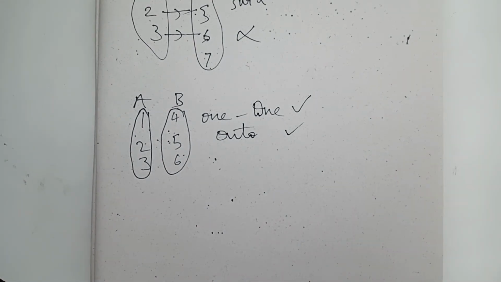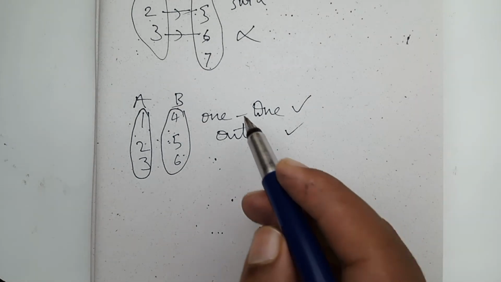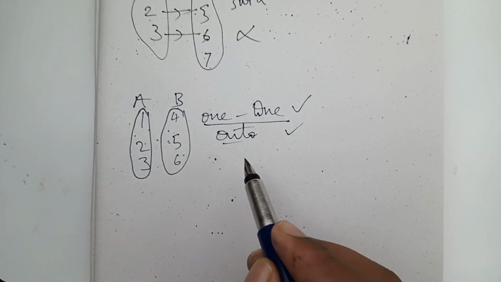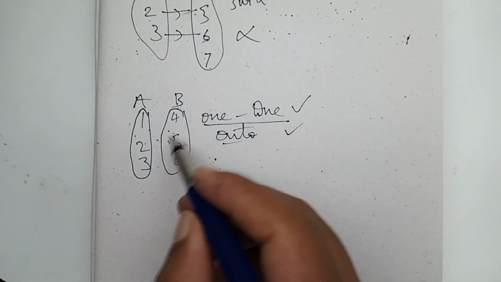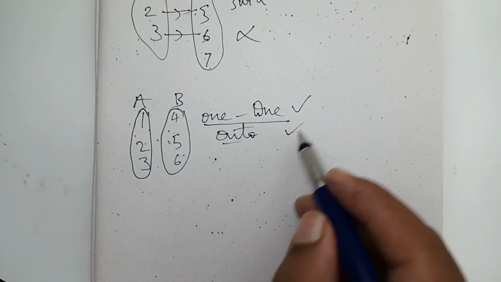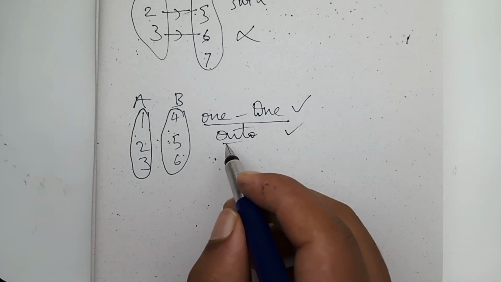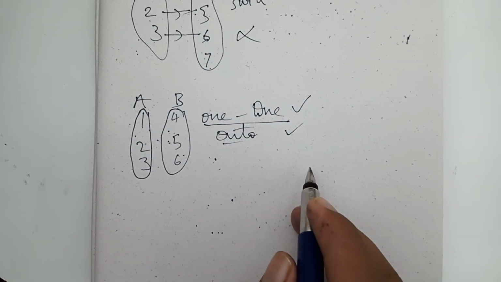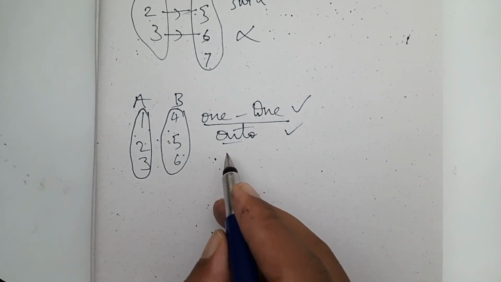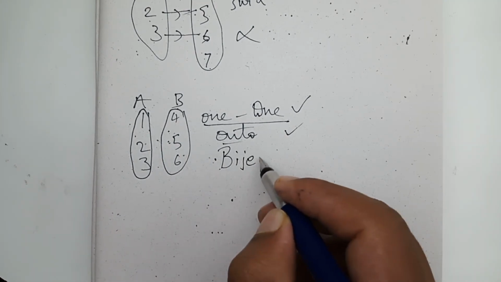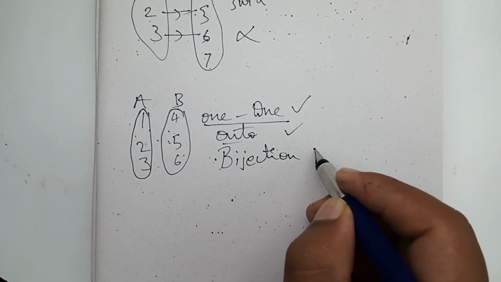You must not confuse injection with one to one, and surjection with onto function. You should know both the names. That's why I am writing like this. In these two sets, one to one and onto are correct. These conditions are applied. Then totally it is a bijection.